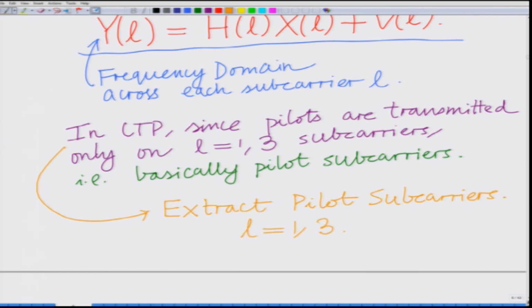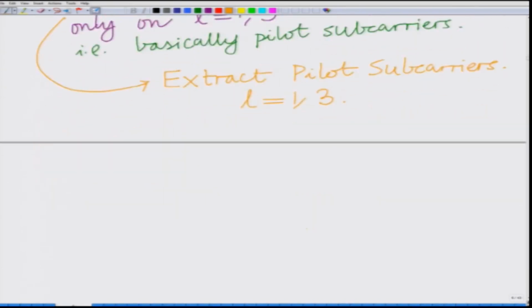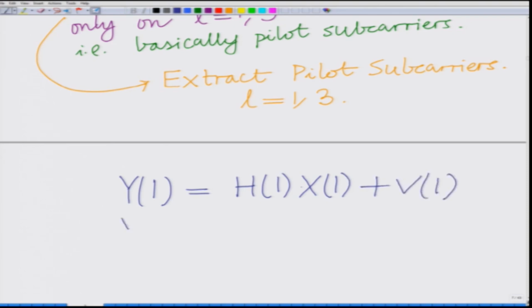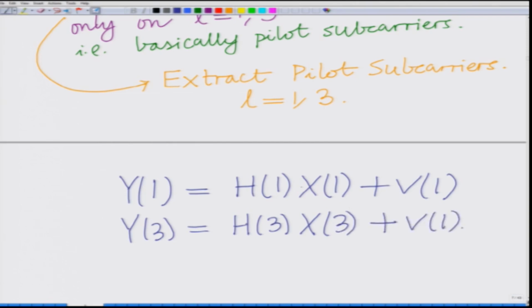Once we extract the pilot subcarriers, the corresponding model for the pilot subcarriers is Y1 equals H1 times X1 plus V1, Y3 equals H3 times X3 plus V3.